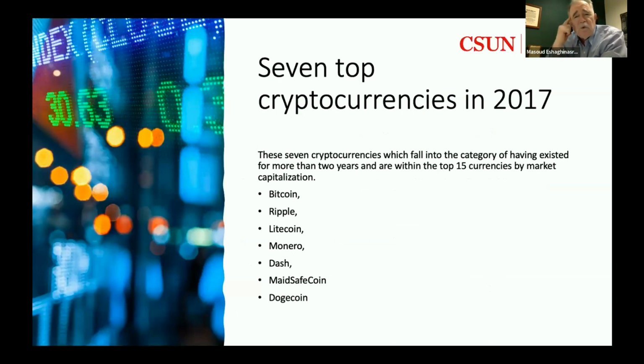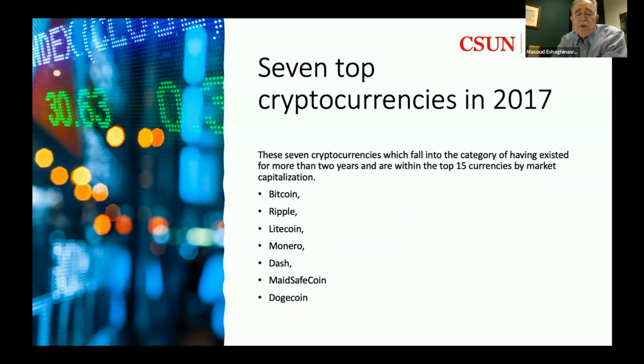In the article, between 2014 and 2017, these coins were analyzed: Bitcoin, Ripple, Litecoin, Monero, Dash, MaidSafeCoin, and Dogecoin.